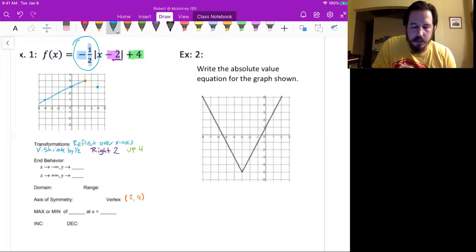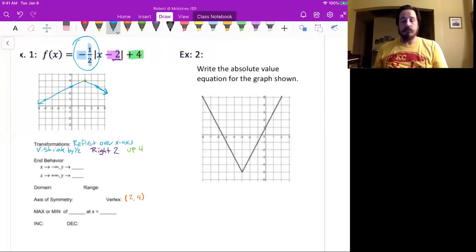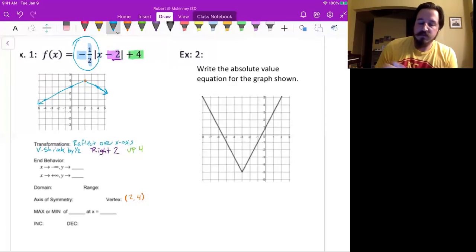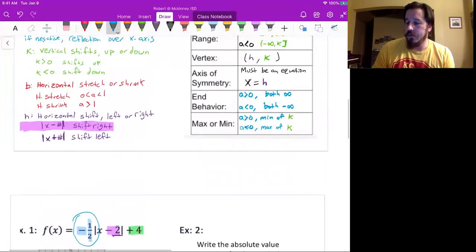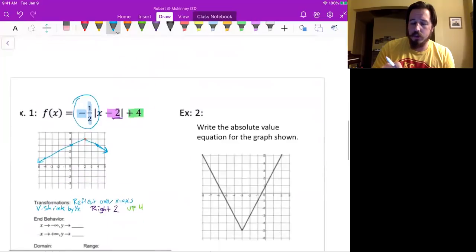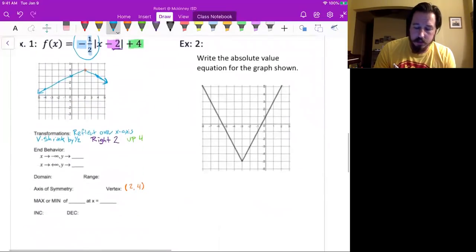So here is the way my graph looks on this. Because I did have an A value that was negative, my end behaviors, as it says here, if A is negative, both of them are going to go to negative infinity.